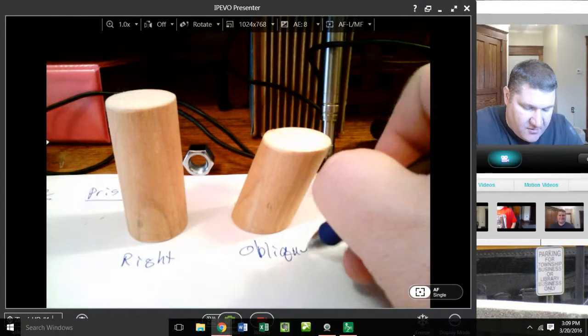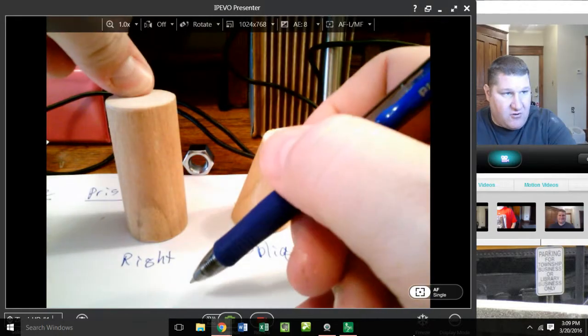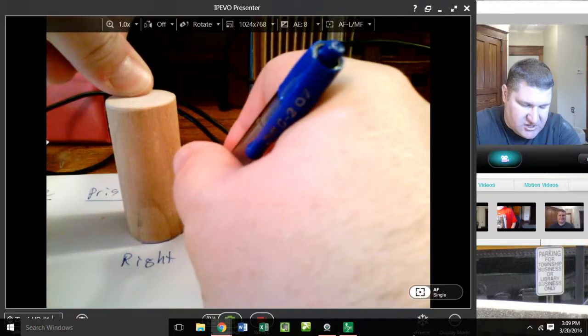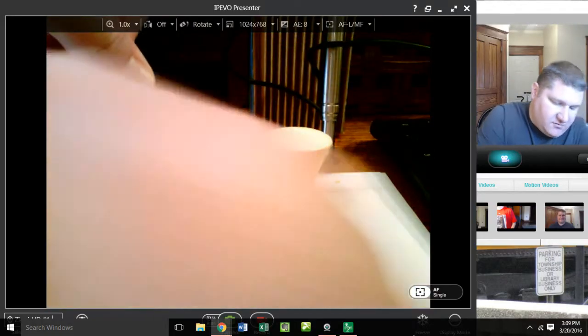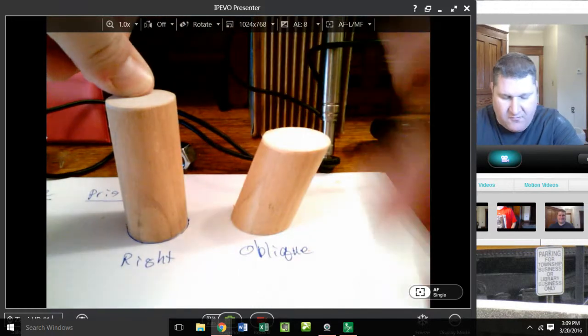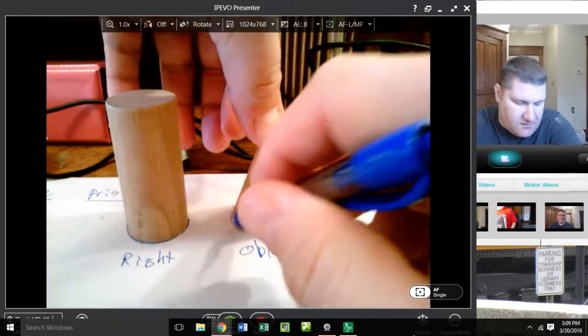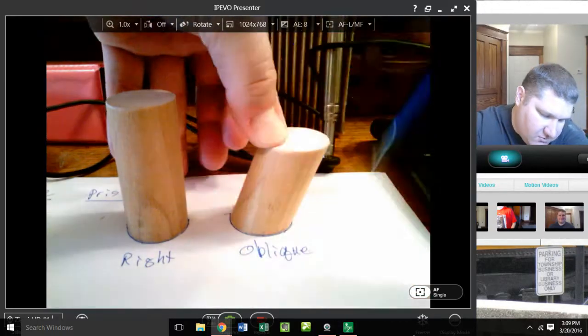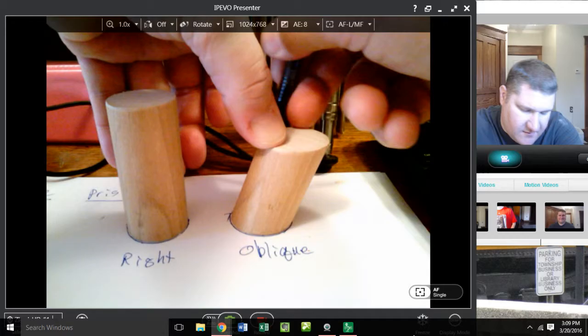Okay. By the way, while we're at it, let's talk about cross section. Cross section is the shape that you would get if you cut across a figure. Now, you can cut across a figure in any number of ways, but let's take a look at our oblique and our right cylinder just as an example of how it's different.